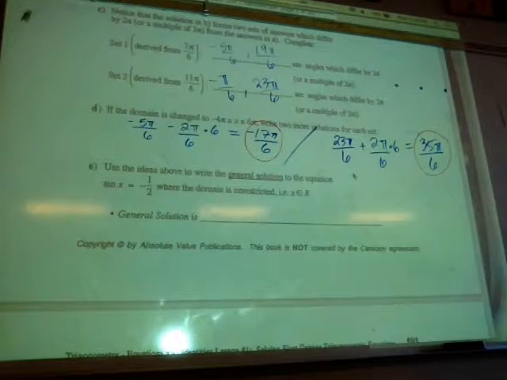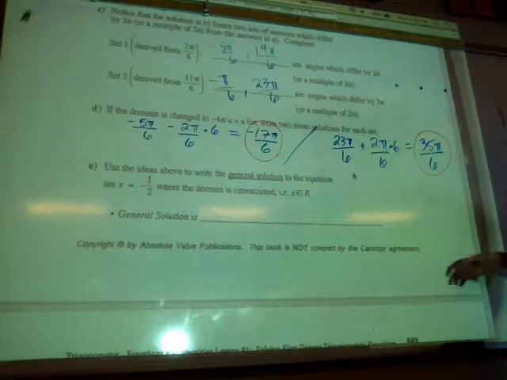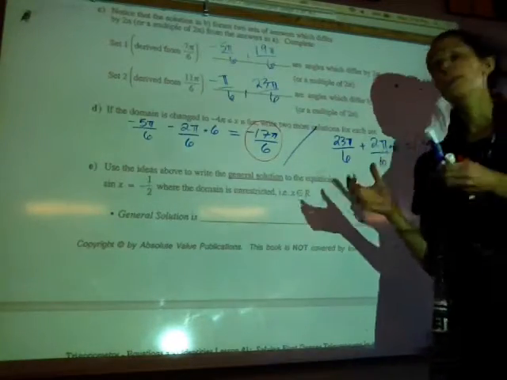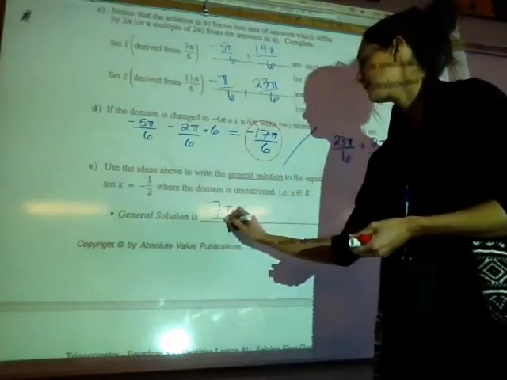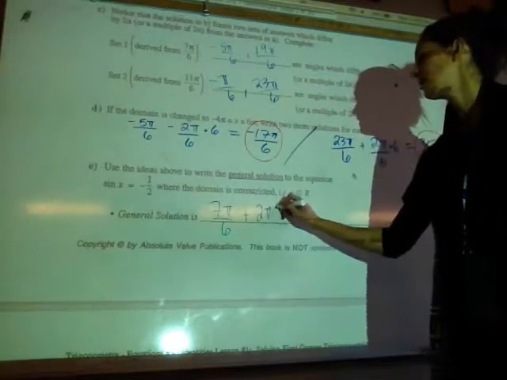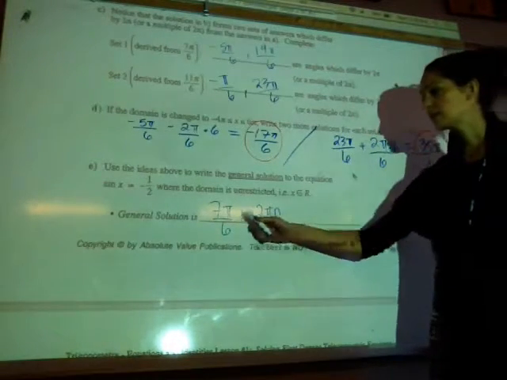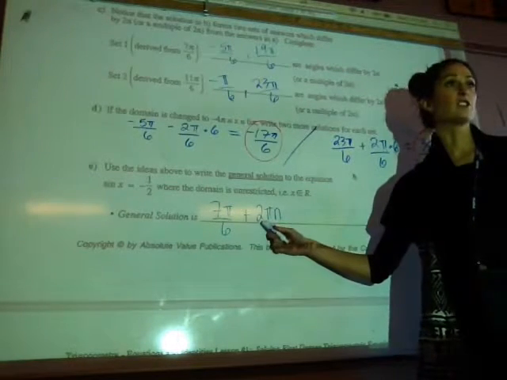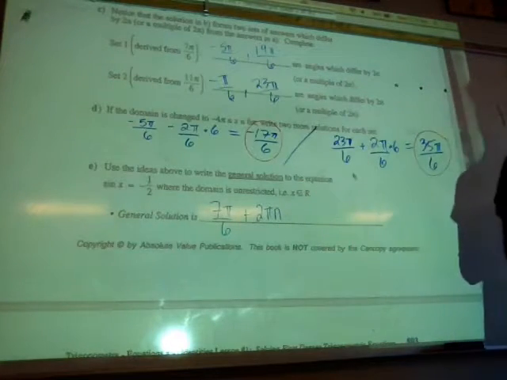So if I were to expand on this idea of adding 2 pi or subtracting 2 pi, I could come up with my general solution. Okay, our first solution within the period of 0 to 2 pi was 7 pi over 6. And I know that if I added or subtracted 2 pi, that I would find other solutions. Okay, so I'm going to take my first solution, 7 pi over 6, and I'm going to add its period, 2 pi, times n periods.